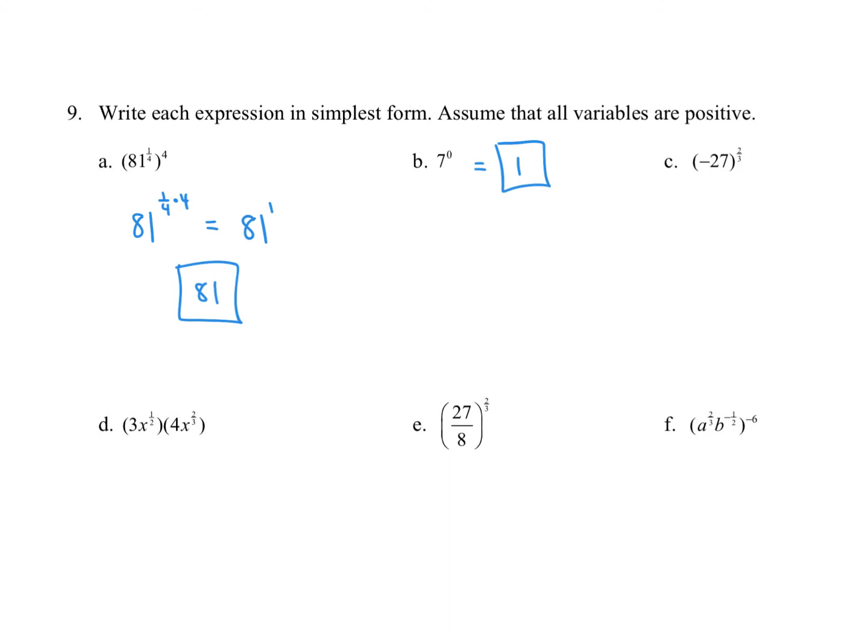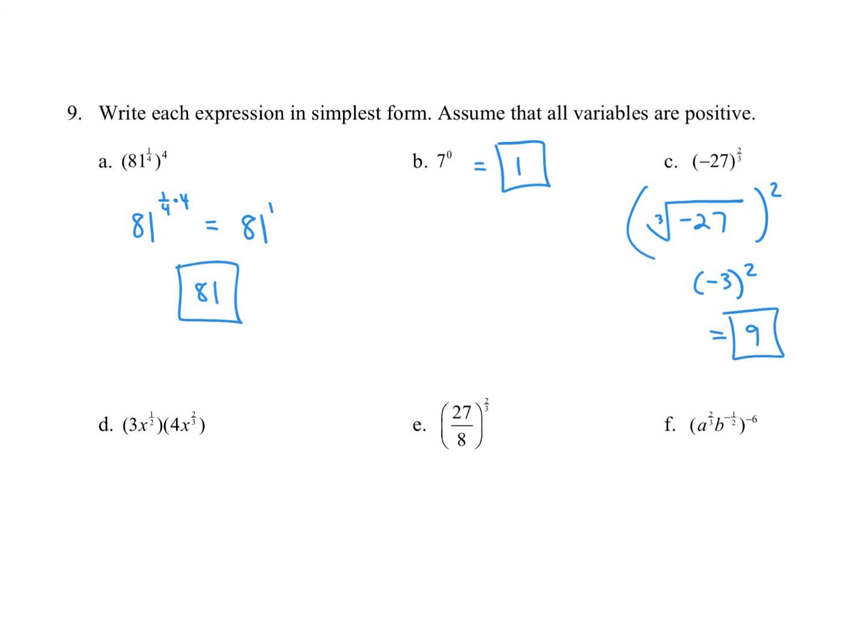In part C, we have negative 27. That's going to be a cube root, and then it's going to be squared. I could put that exponent inside or outside, but I'm putting it outside, so I do my cube root first. The cube root of negative 27 is negative 3. Negative 3 squared is 9.